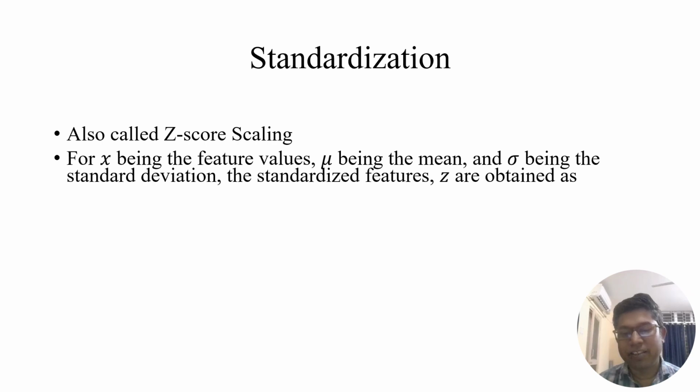So the standardized features z are obtained as x minus mu by sigma, which means I find the mean of the feature and then I subtract the mean from all the feature values, and then the result I divide by sigma.